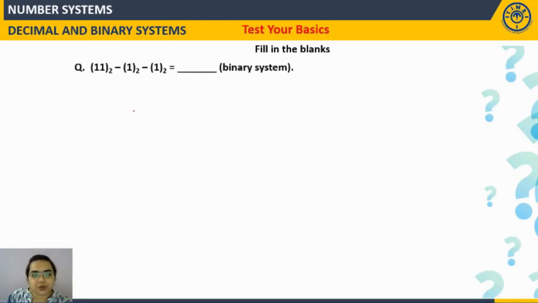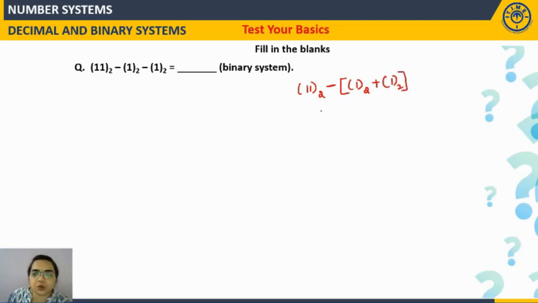11 to the base 2 minus 1 to the base 2 minus 1 to the base 2. Okay, so this is just subtraction, right? So now let us see. If I take minus common, we have 1 to the base 2 plus 1 to the base 2.